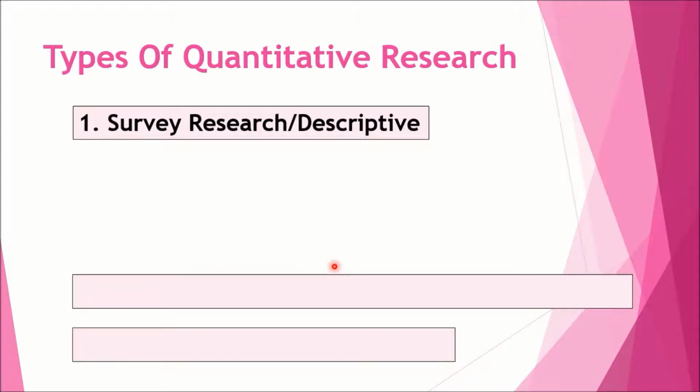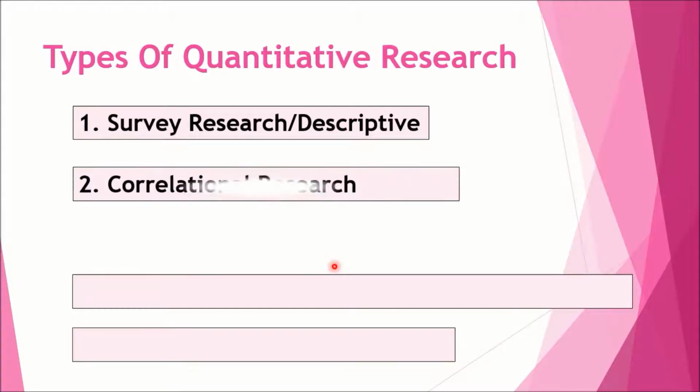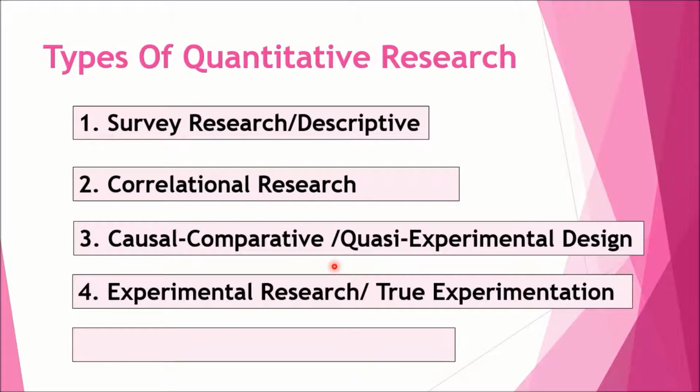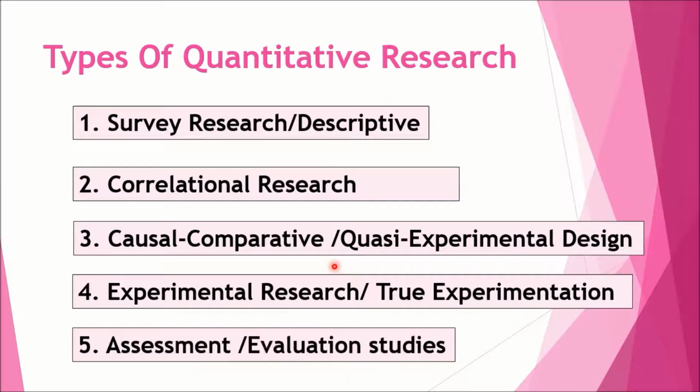So, quantitative na tayo. Una is survey research descriptive. Pangalawa is the correlational research. Pangatlo is the causal-comparative or quasi-experimental design. Pang-apat is the experimental research or true experimentation. And then, in some books, may karagdagang pang isa, which is the assessment or evaluation studies.